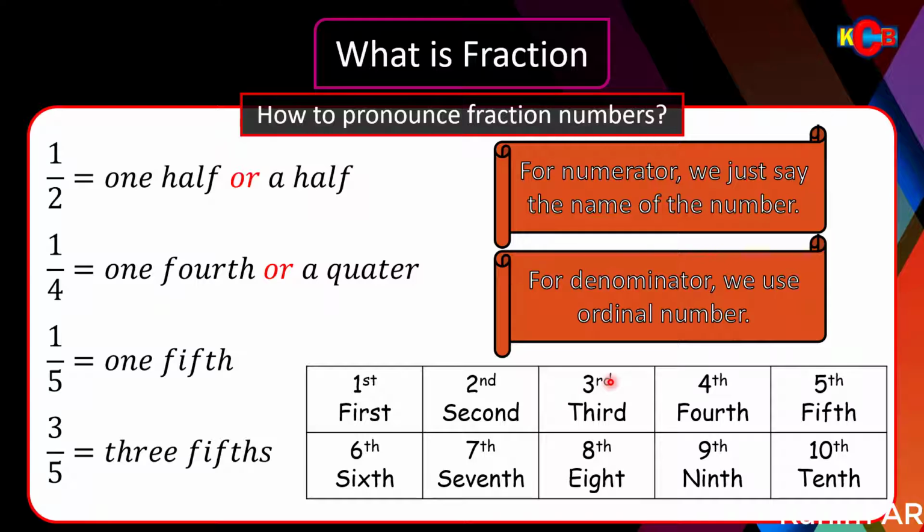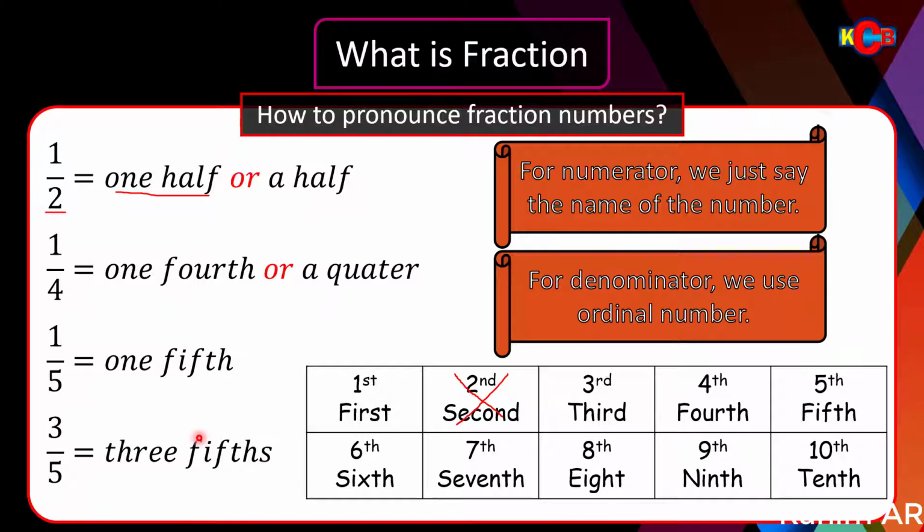But for denominator 2, we don't use second. We use half, such as 1/2. We do not say it as 1 second, but we use 1/2. Now, look here. 1/5 and 3/5.